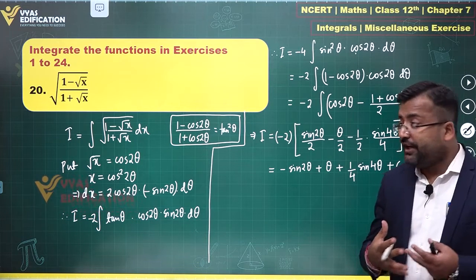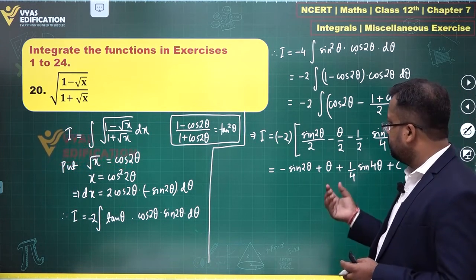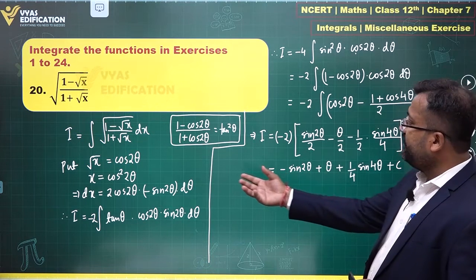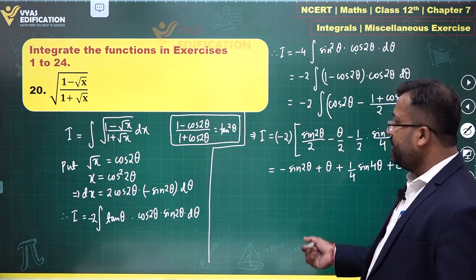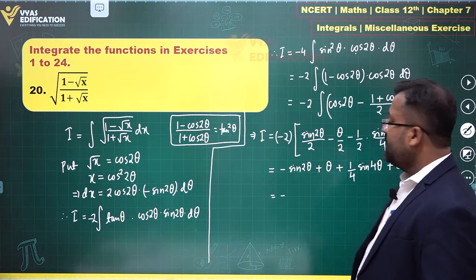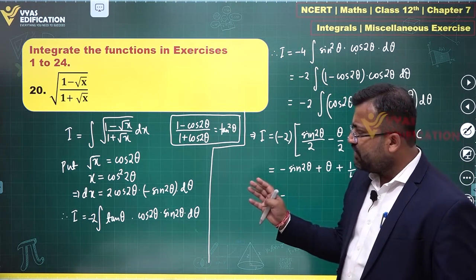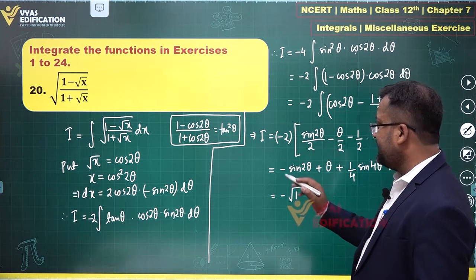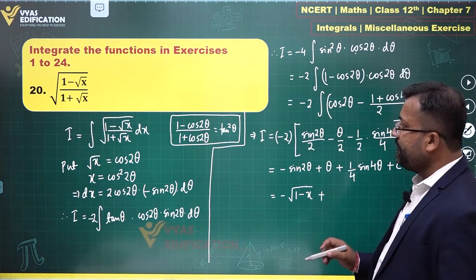But now we need to replace theta in terms of x. How will we do that? So we observe a lot of things over here. Cos 2 theta is root x. Sin 2 theta will be simply under root of 1 minus cos square 2 theta, so under root of 1 minus under root x square, which is x, this is what you'll get, plus theta.